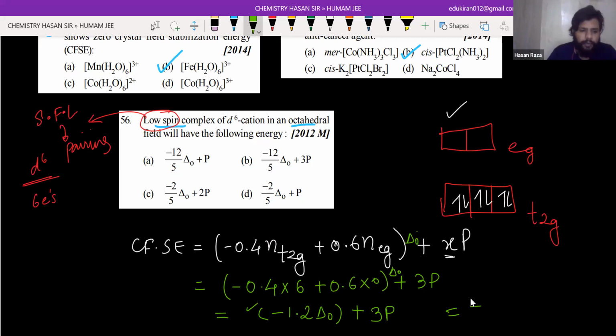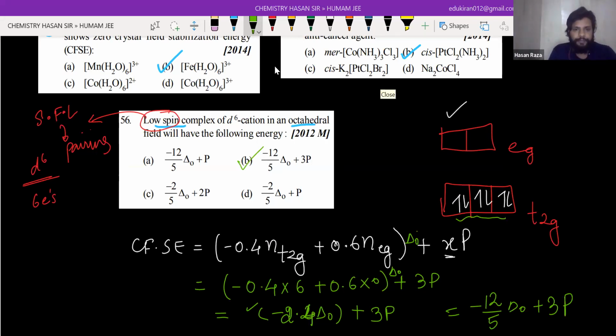How many paired electrons are there? 6 into 0.4 is 2.4, sorry. I made a mistake. So it will be 24 by 10, so it becomes minus 12 by 5 delta naught plus 3P. The 3 comes from here, the 3 paired electrons. So the answer will be this.